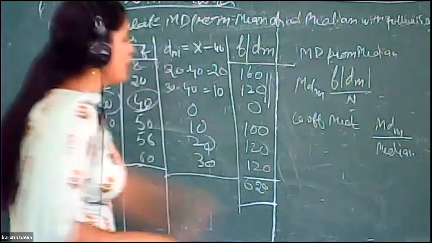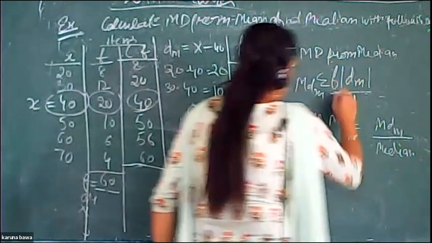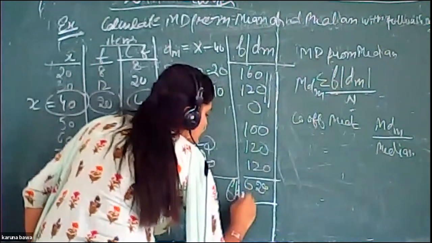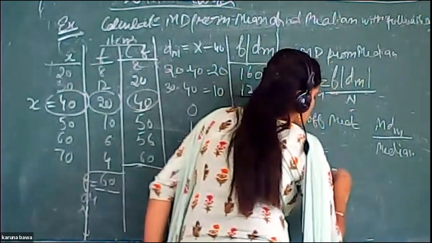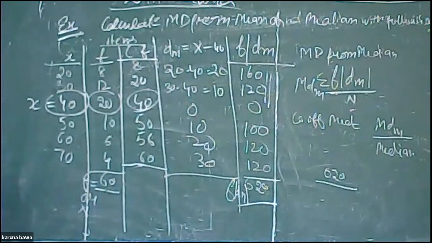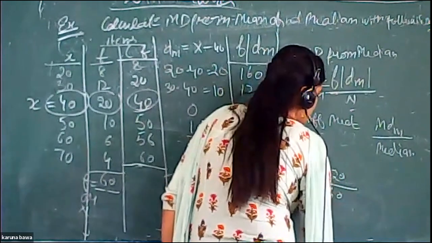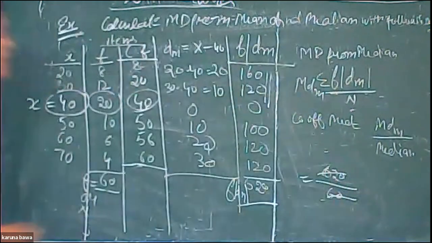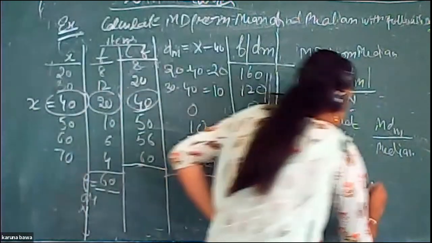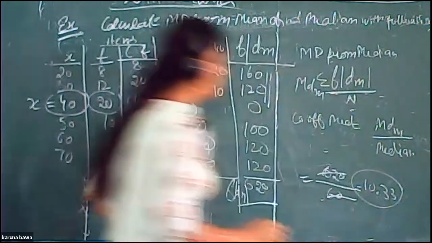First of all, we find out the mean deviation from median. The total of the values is 620 divided by n. n is the total number of observations, 60. 620 divided by 60 is 10.33. This is the mean deviation from median.